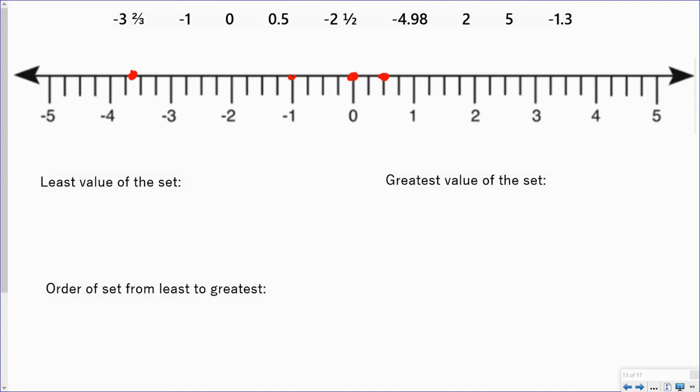We have a -2 1/2. We have a -4 9/8, or 9/800ths, excuse me. We have a 2 and a 5 and a -1 3/10.